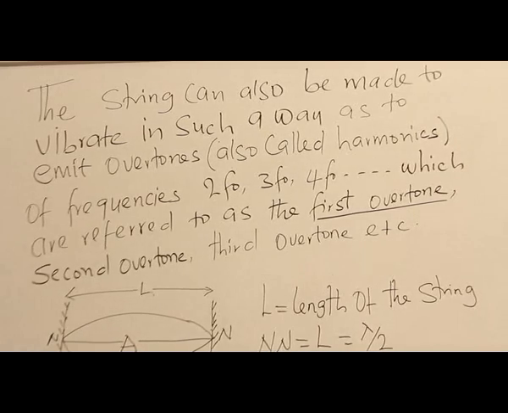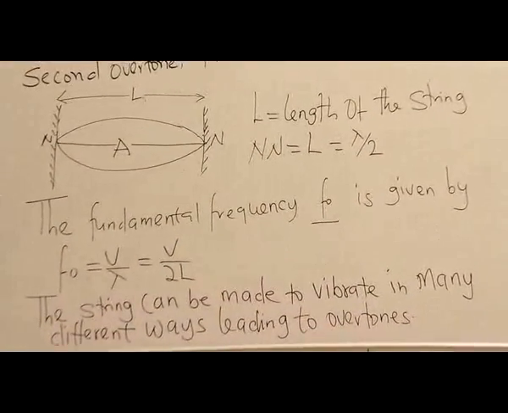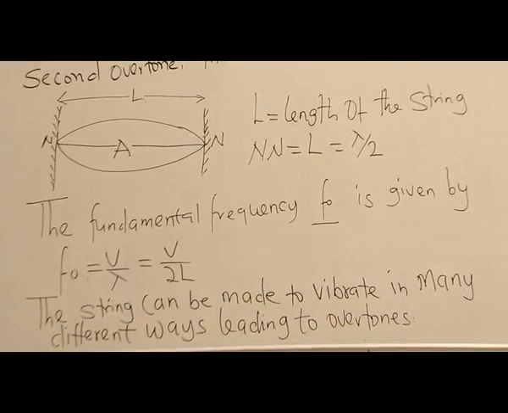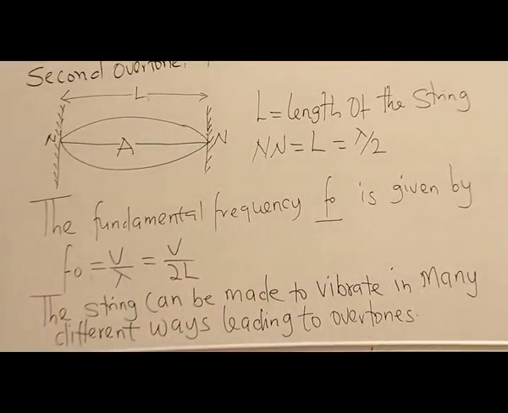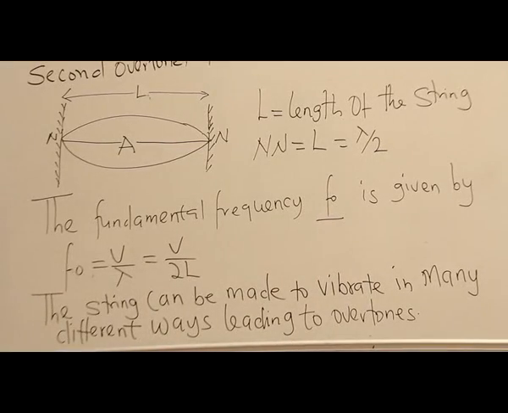respectively. If you look at the diagram here, the string is vibrating at its fundamental frequency F0. The end of the string here is the node, and the other end too is the node. Between them is the antinode. The length between this node and the other node is the length of the string, which is given as lambda over 2.